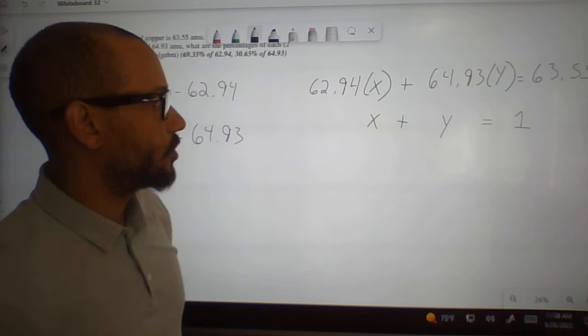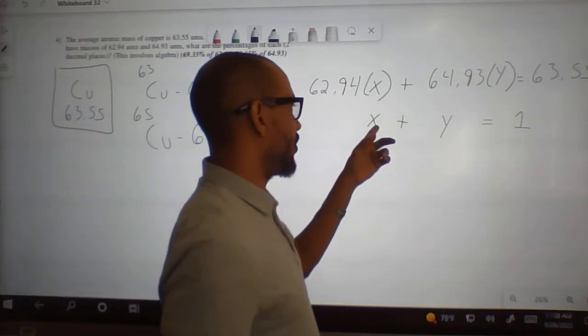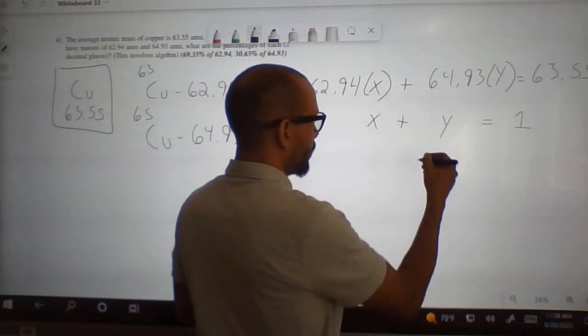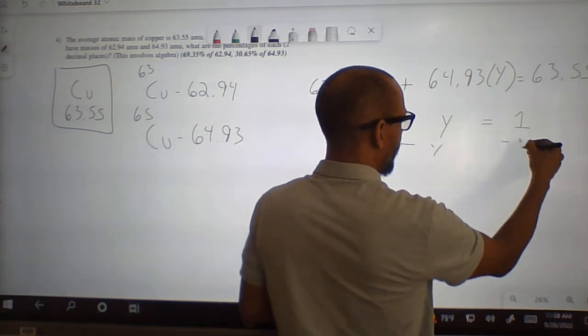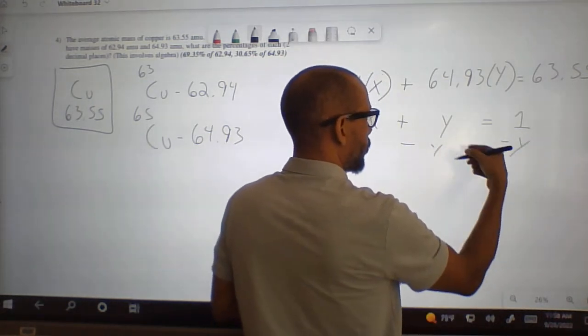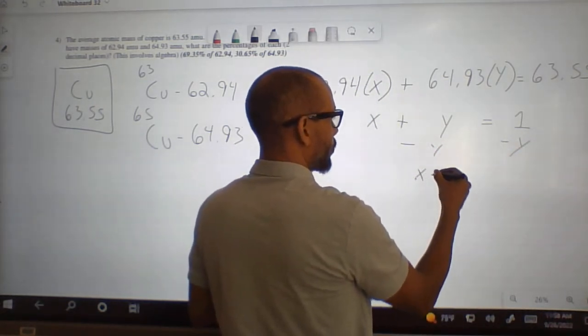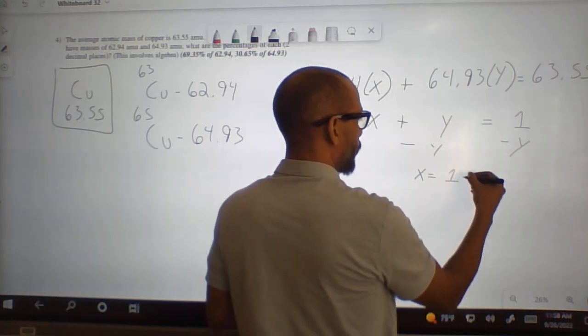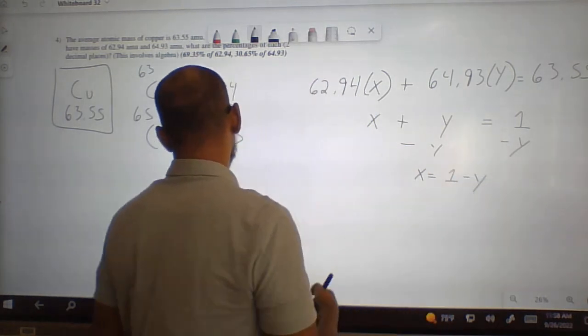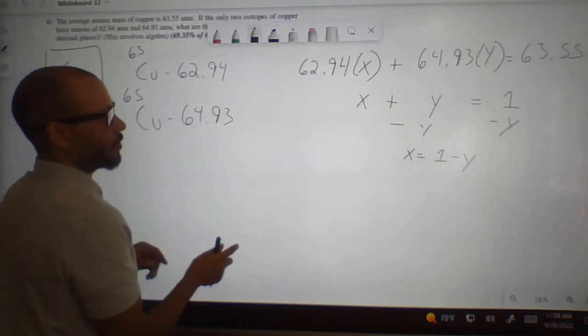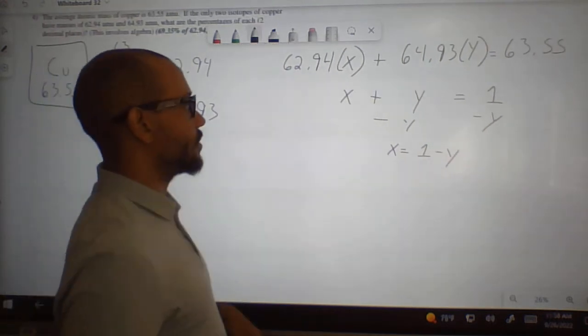All right, so now we have a system of equations. The first thing I'm going to do is solve for a variable. I'll subtract y from both sides, and now we have x is equal to 1 minus y. Once I get that, I can substitute into this equation here.